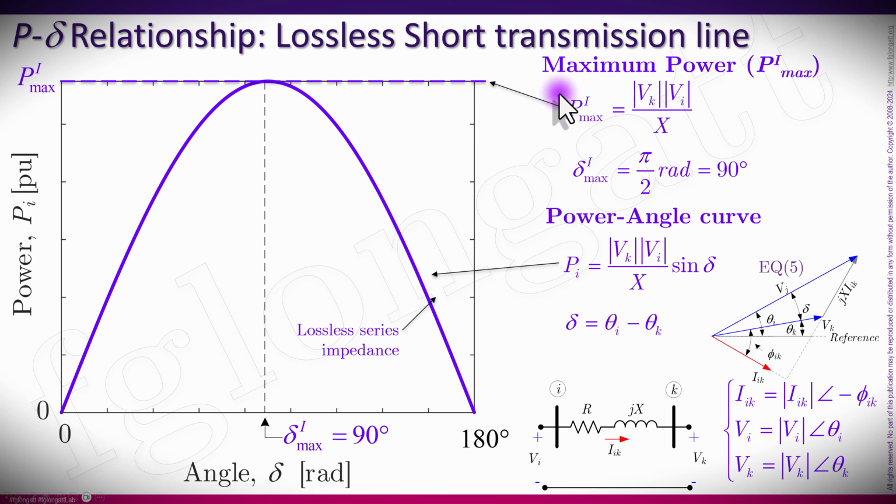If we look at the equation defining the maximum transfer, you can see that the numerator is the product of the magnitudes of those phasor voltages, sending voltage and receiving voltage. Controlling voltage can be done by several mechanisms. However, you must remember that because of operational security, the magnitude of the voltage cannot change so much.